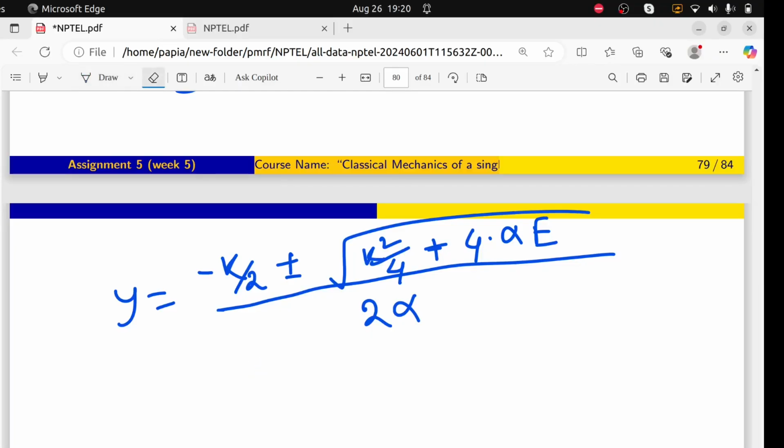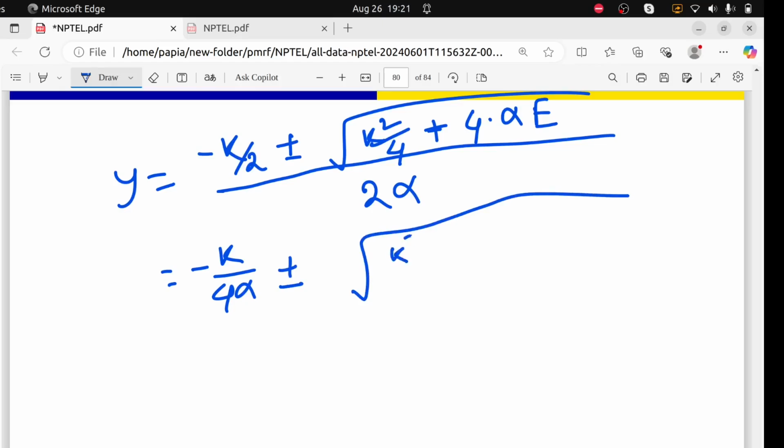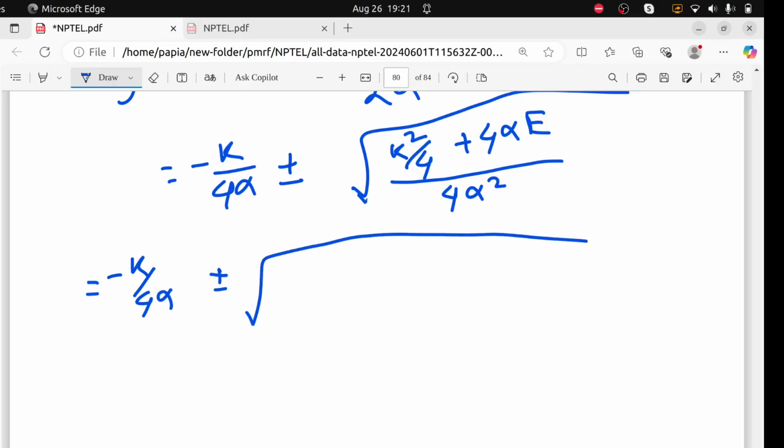So this is minus k by 4 alpha plus minus root over k square by 4 plus 4 alpha E, whole divided by 4 alpha square. This is whole under root.